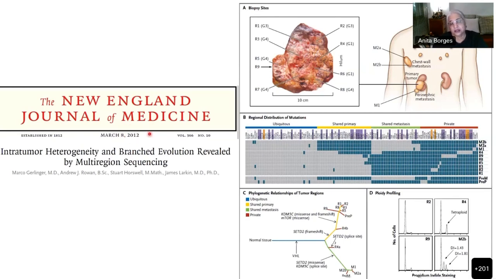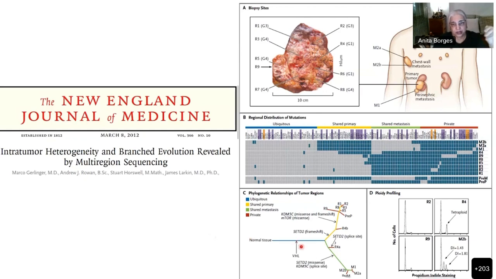It's almost 10 years that it came out, where they looked for intratumoral heterogeneity and showed, just like we have evolution in nature, in biology, all over, the tumor is also undergoing evolution.